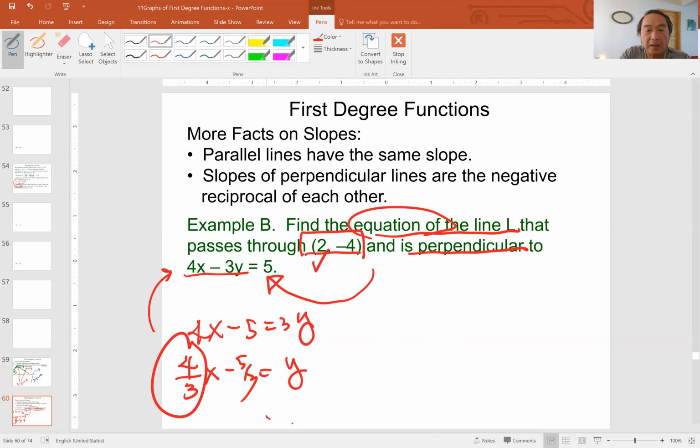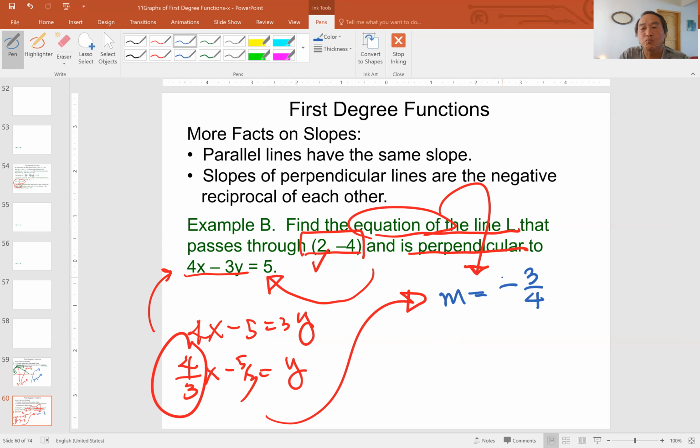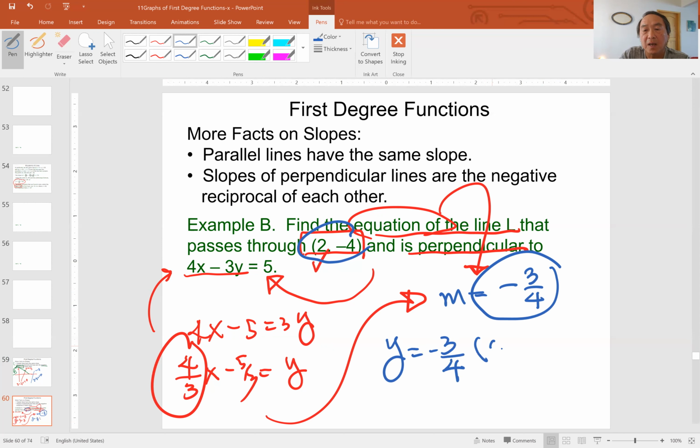So for my line, the slope is equal to the negative reciprocal, -3/4. And once I have the slope and a point, I can write out the equation: y is equal to -3/4 x, put the 2 over here, minus the 2, then plus the -4, or just plain -4.